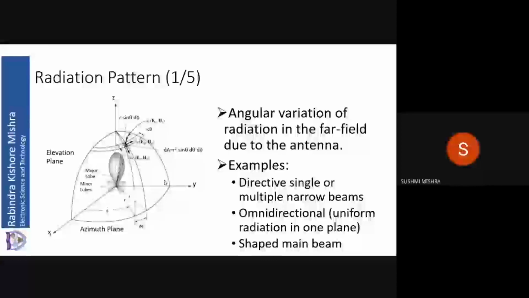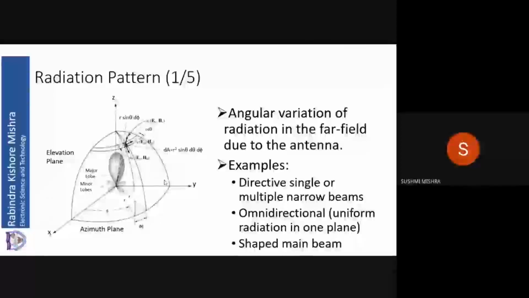Examples of radiation patterns are directive single or multiple narrow beams. You can see there are beams, so there can be one beam, there can be multiple beams. If the beams are in a particular direction, then I call it a directive beam. Or we can have omnidirectional beams, with uniform radiation in one plane.